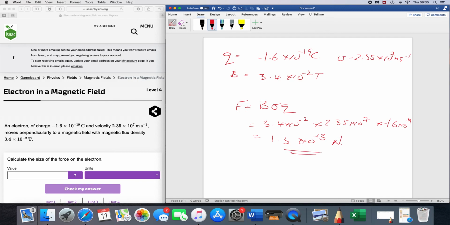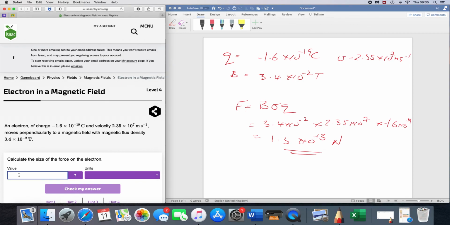And we have a minus here, but we're asked for the size of the force, not the full vector value. 1.3 times 10 to the power of minus 13, and newtons.